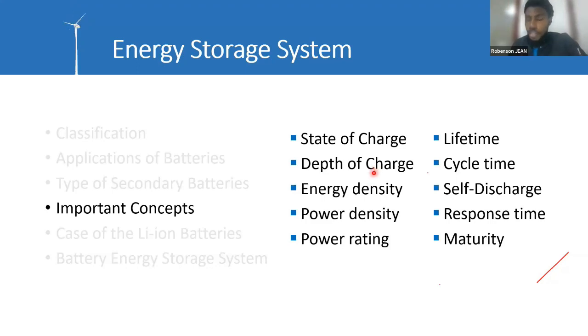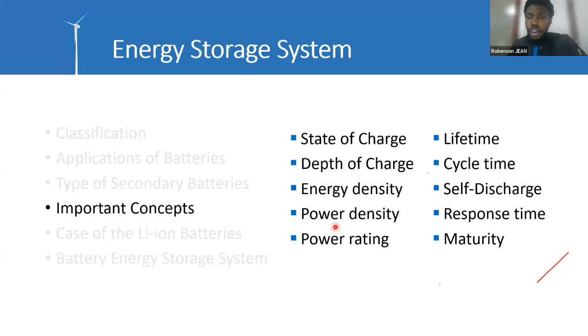For instance, if my battery has a state of charge of 60%, this means that the depth of discharge of my battery at this time is 40%.